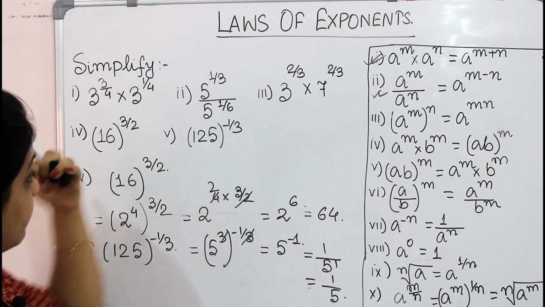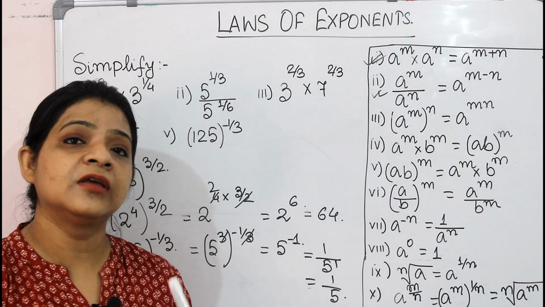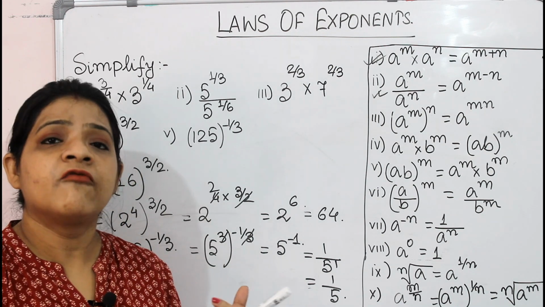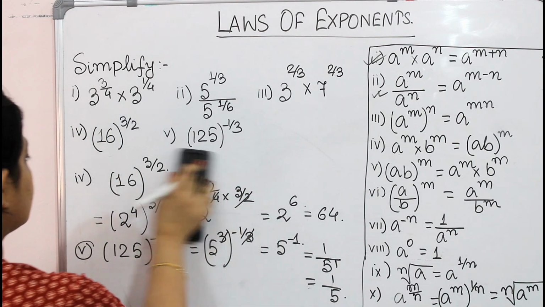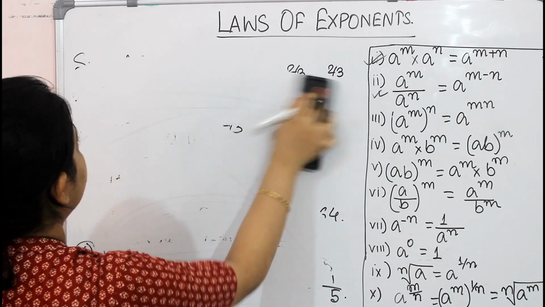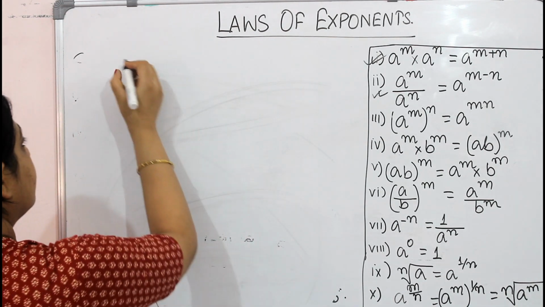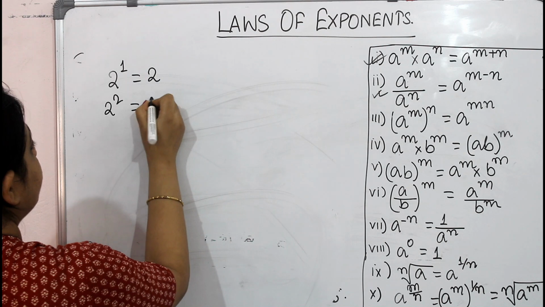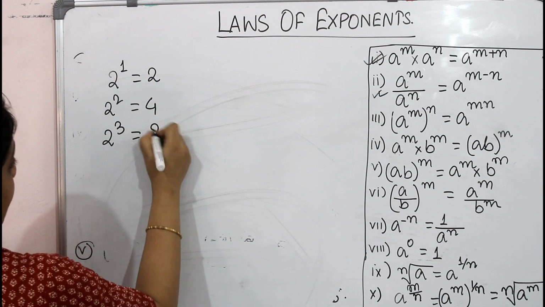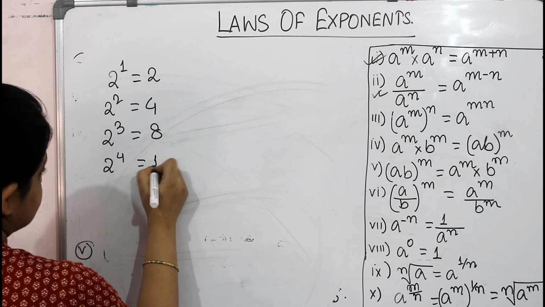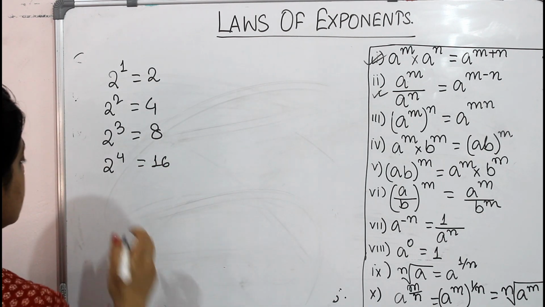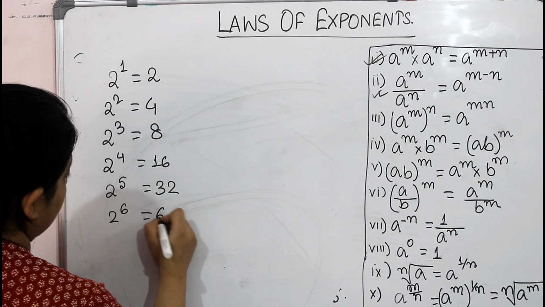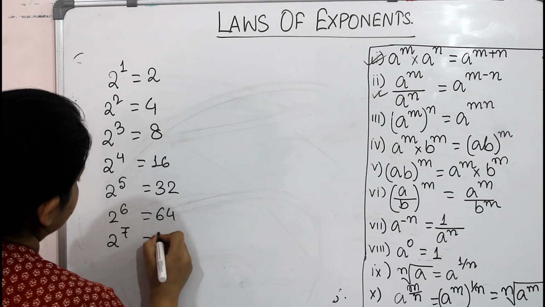Okay, but before going into the next set of sums, I am giving you some common powers, like 2, 3, 4. For powers of 2: 2 to the power 1 is 2, 2 square is 4, 2 cube is 8, 2 to the power 4 is 16, 2 to the power of 5 is 32, 2 to the power of 6 is 64, 2 to the power of 7 is 128.